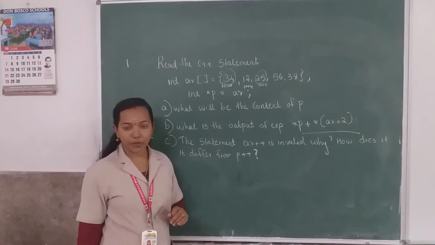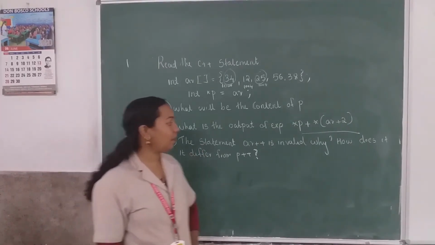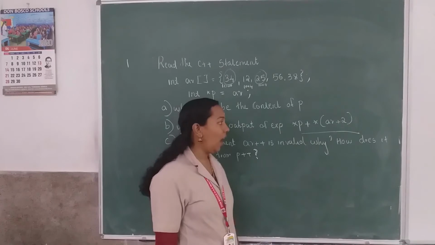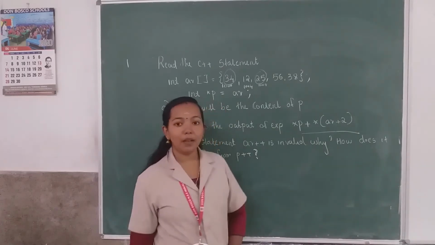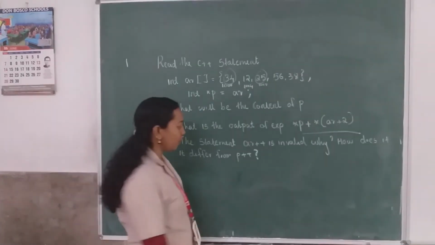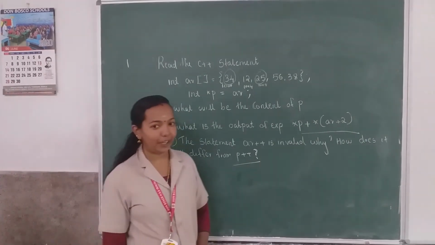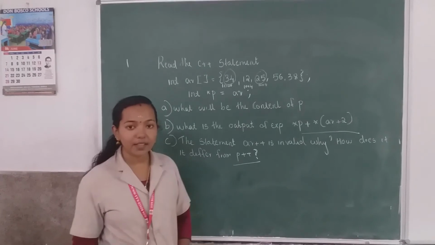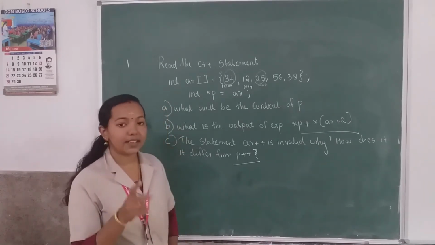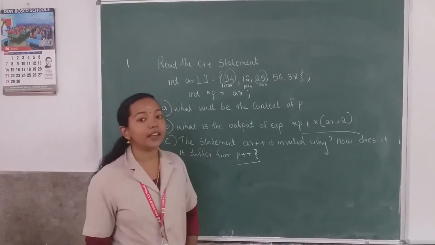Then the next, third question: the statement AR++ is invalid. Why? How does it differ from P++? Here, P is a pointer variable. I already mentioned that in pointers two operations are available, incrementation and decrementation.